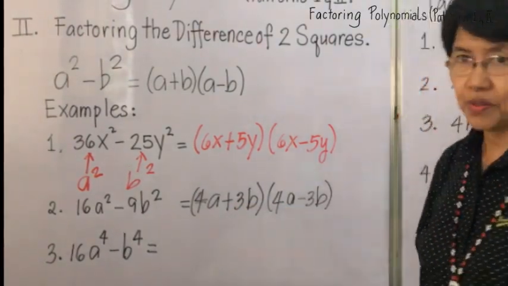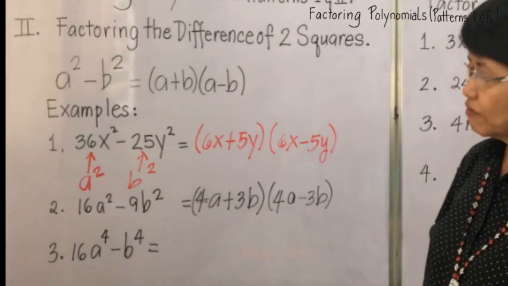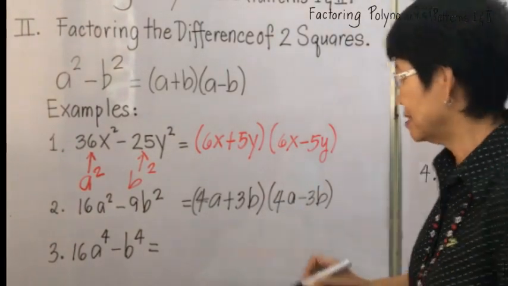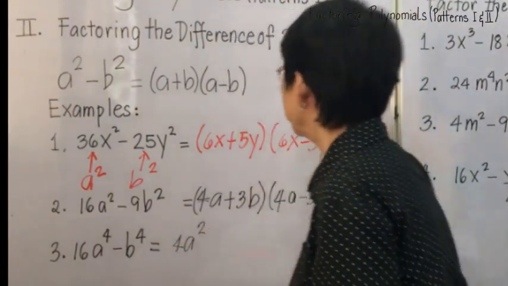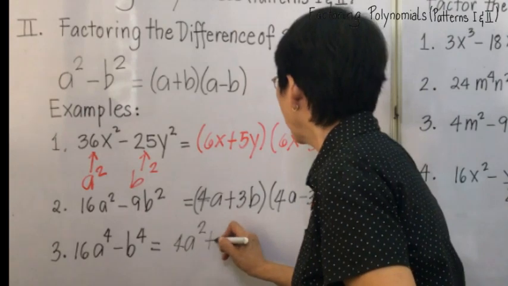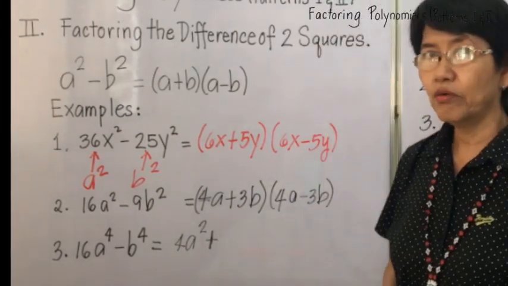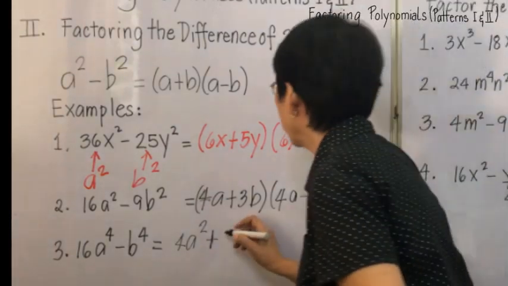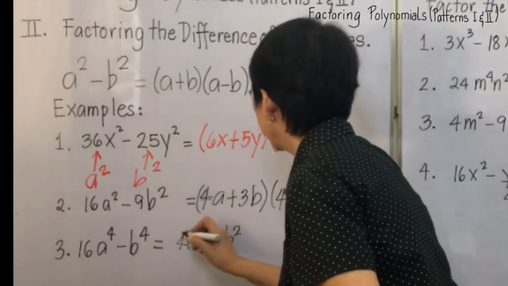And then number 3, we have 16a to the 4th. So square root of 16a to the 4th is 4a squared plus square root of b to the 4th is b squared.